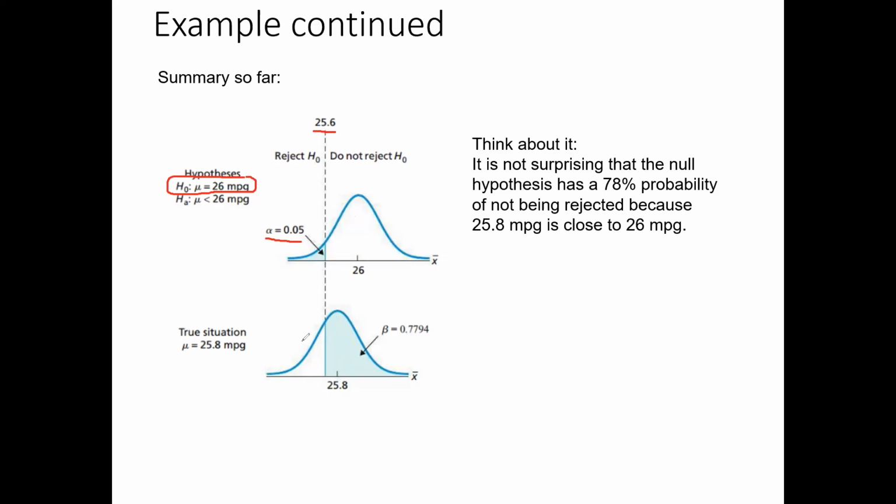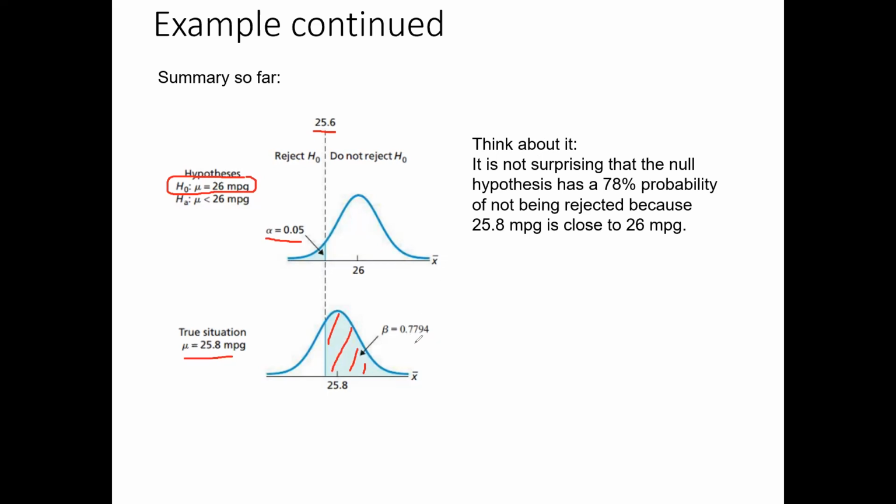And then what happens is we draw a new normal distribution. So we take this one and we're basically shifting it over and centering it over what we believe is the true mean. And we're only doing this as a thought experiment to determine what this shaded area over here is. And we find that it's 78%.